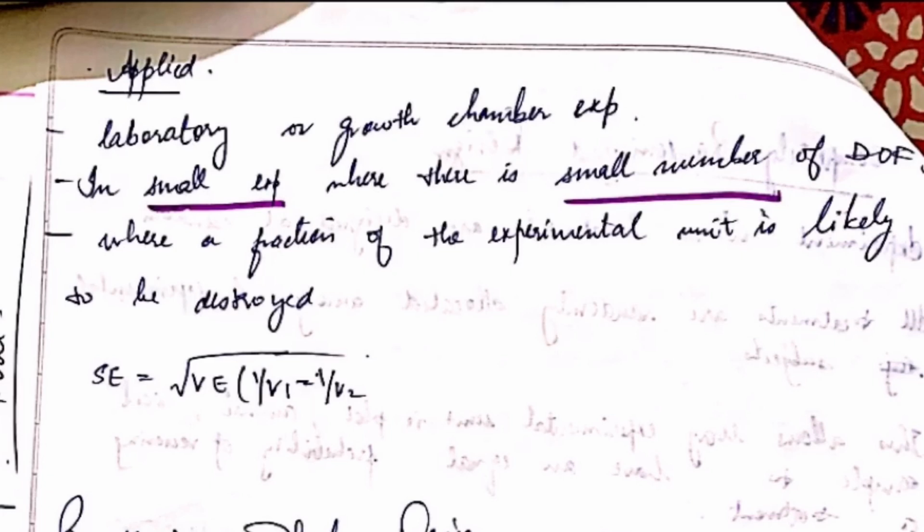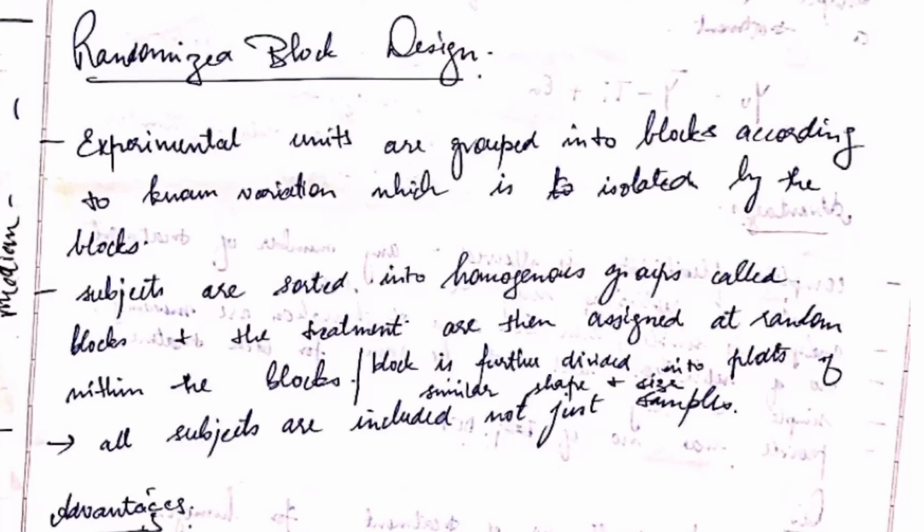Now the next type of design is randomized block design. Here the experimental units are grouped into blocks according to known variation, which is isolated by the blocks, and the subjects are sorted into homogeneous groups which are called blocks. The treatments are then assigned at random within the blocks.